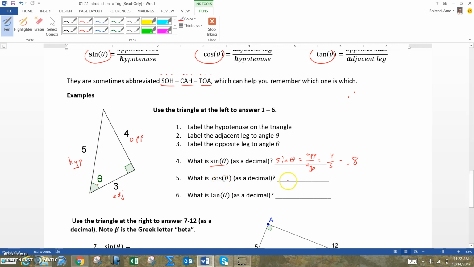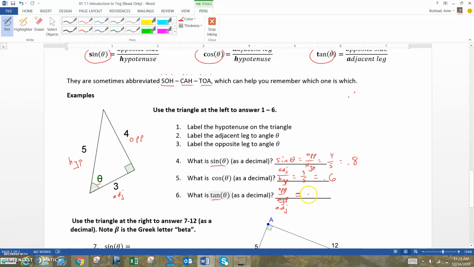If you want to go to cosine, cosine is the adjacent side over the hypotenuse. In this case, that would be the 3 over 5, which is exactly 0.6. And lastly, tangent. Tangent is the opposite side over the adjacent.